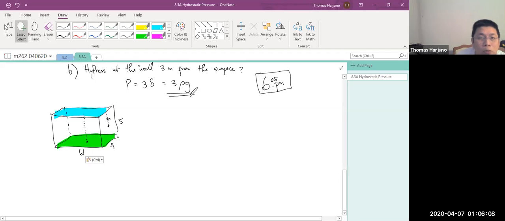Okay, suppose in part C, I am interested to find the hydrostatic force at the bottom of the pool. Basically, that will be the green area.